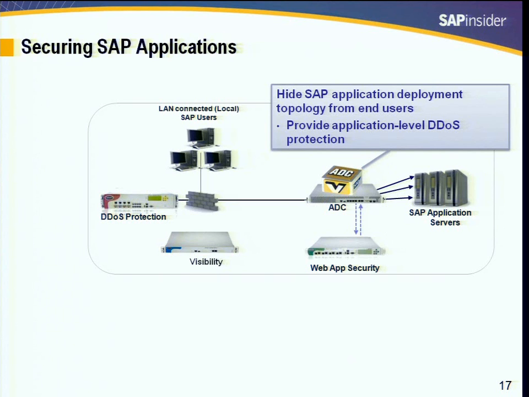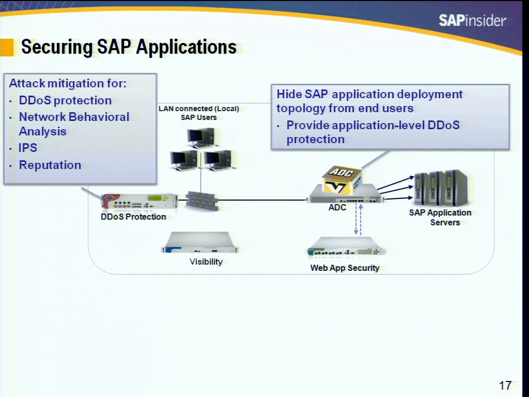When a user request comes in, many of the ADCs provide the capability of mapping inbound to outbound requests. This is a way of obfuscation. That's a very easy way of providing denial of service protection because they're named differently. The other one is attack mitigation at the TCP level.